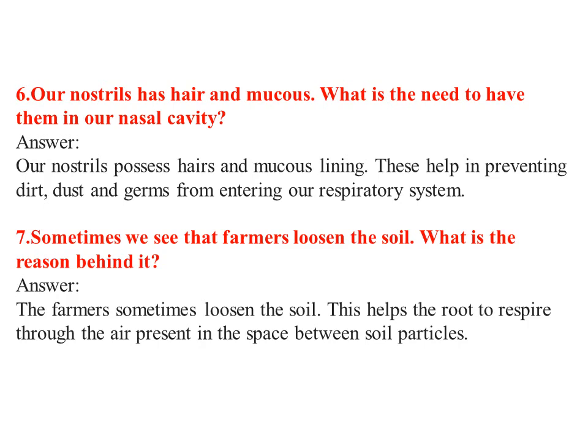The space between the soil particles is clogged by water, so the root cannot respire through the air in that space. That is why farmers sometimes loosen the soil, which helps the roots respire through the air present between the soil particles.